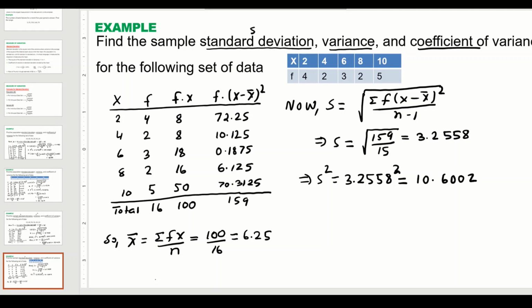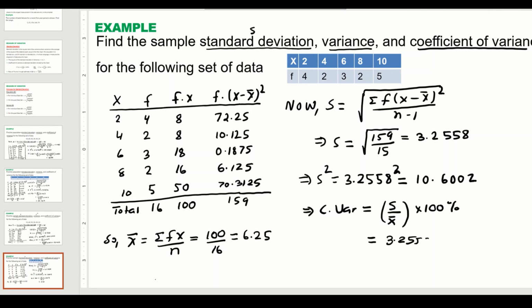Next, we need to find the coefficient of variance, and the formula for the coefficient of variance is the standard deviation divided by mean times 100%, because this is expressed as a percentage. Our S value here is 3.2558, so we write 3.2558 divided by x bar.